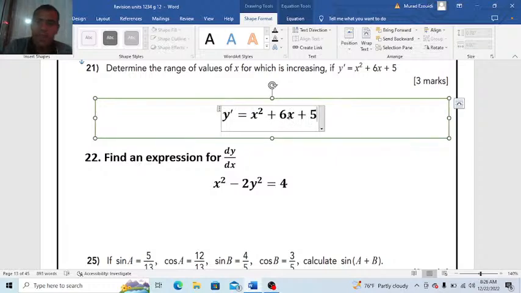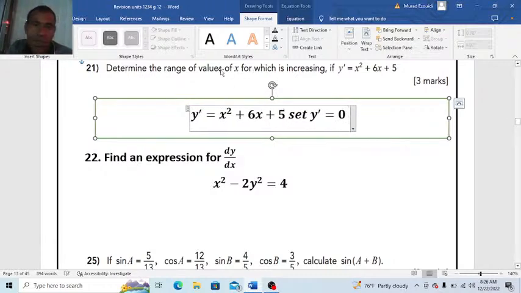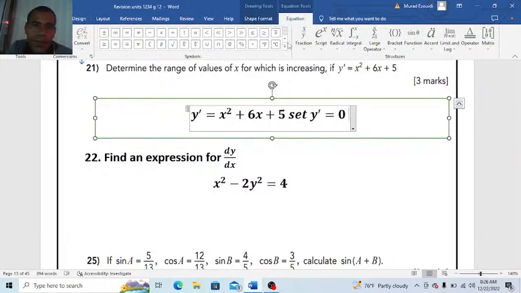So this is the value of y dash, because the function itself was differentiated. Now set y dash equals 0 to find the stationary points.